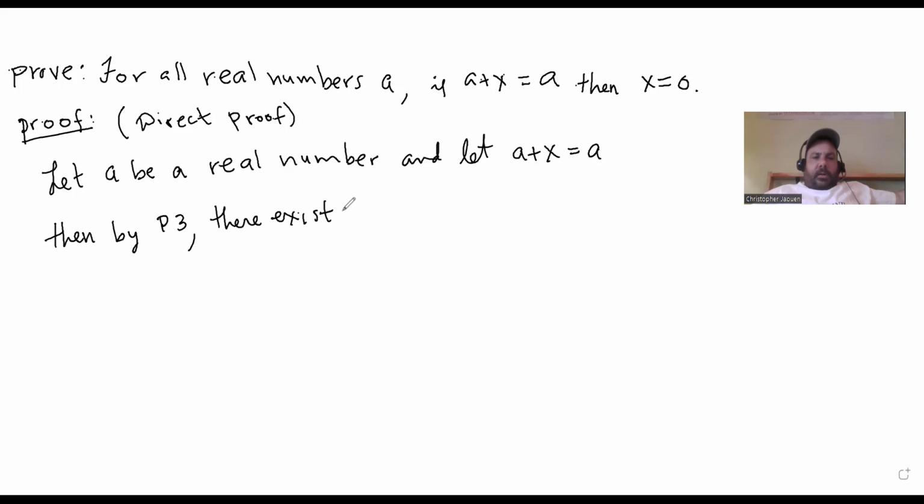There exists an additive inverse, which I'll denote like this, negative a, in R. Maybe I should define these symbols in case you've never seen them. This stands for the set of real numbers, and this symbol means is an element of.